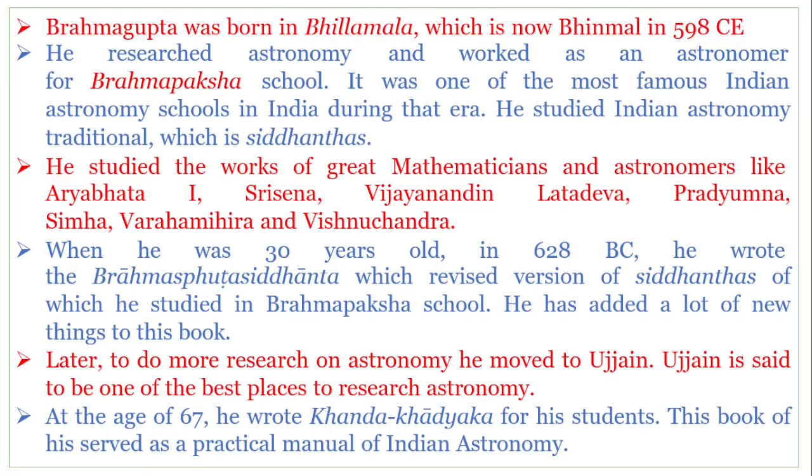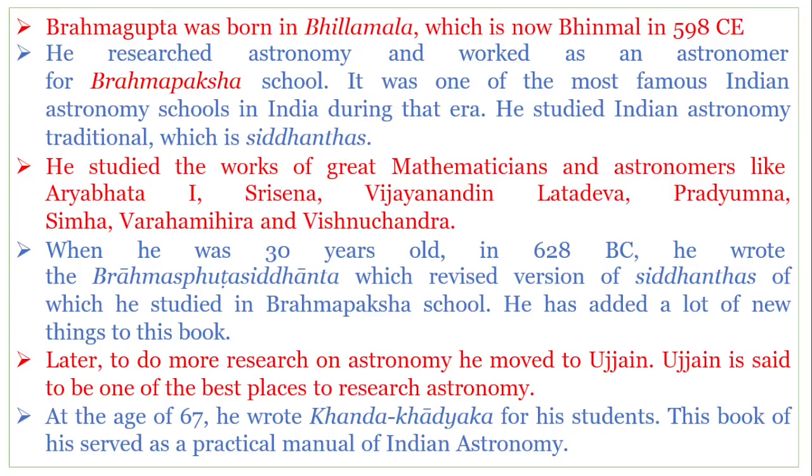This Pitamaha Paksha school afterwards came to be known as Brahma Paksha school, and the new text that he wrote came to be known as Brahma Sputa Siddhanta. Afterwards he moved to Ujjain. Ujjain at that time was one of the best places to study astronomy. There was a congregation of several good astronomers and mathematicians at that place.